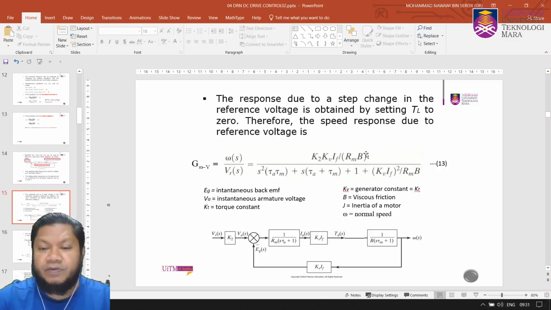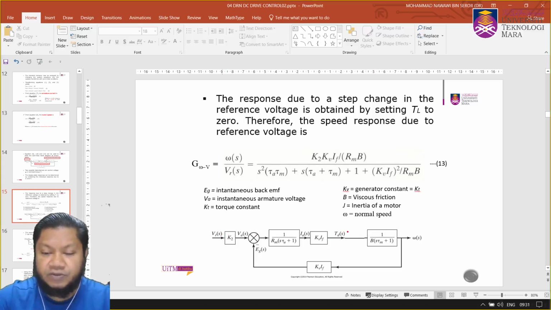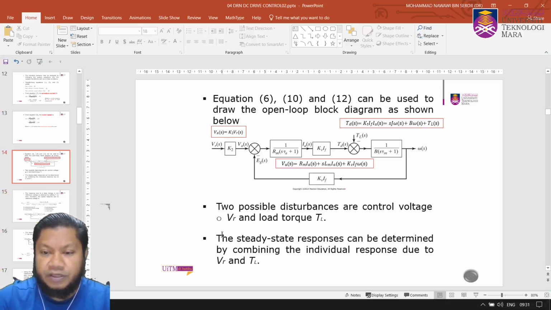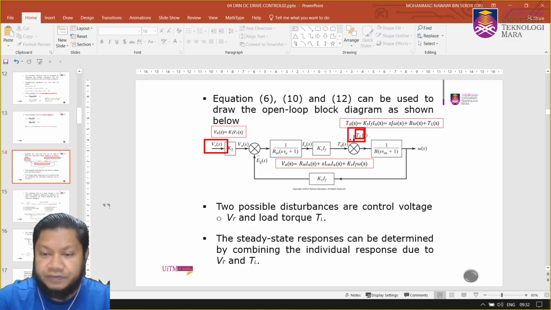Finally we found out that this represents the speed and the reference voltage. So this is the transfer function to represent that, and it comes from this when you set TL equals to 0. So the complete system, we call it the open loop system, and to get the response of the speed in terms of the change in VR, we set this TL equals to 0.